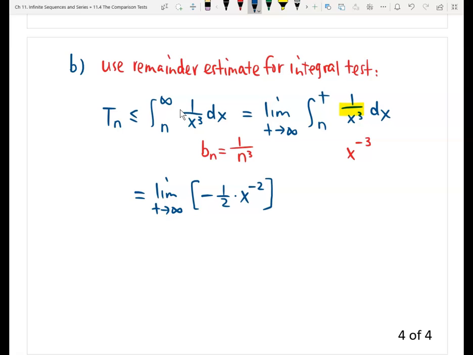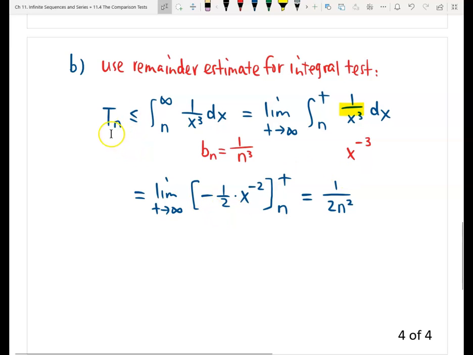This is just the antiderivative, and then we go from n to t to find the difference, by the fundamental theorem. When t approaches infinity, 1 over infinity goes to 0, so the t term disappears. What we have is n, plugged in, but be sure to change the negative to positive. So we get positive 1 over 2n squared. We just changed a little bit of the form.